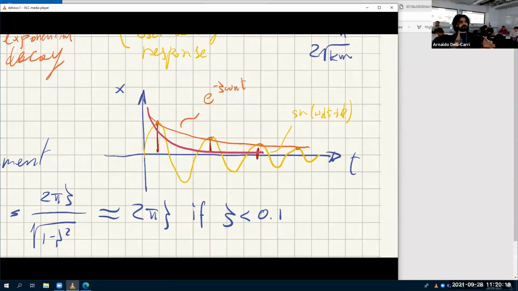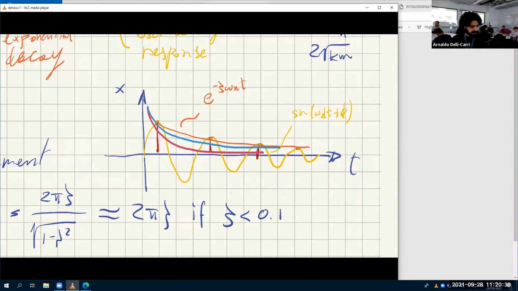Okay, so it comes to rest in the shortest possible amount of time. If zeta is greater than 1, this is still overdamped, but less so. Okay, so it comes to rest in a longer amount of time.